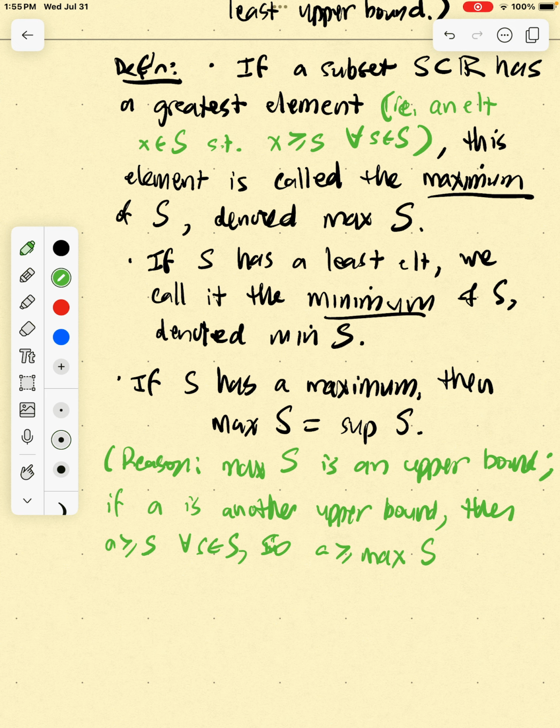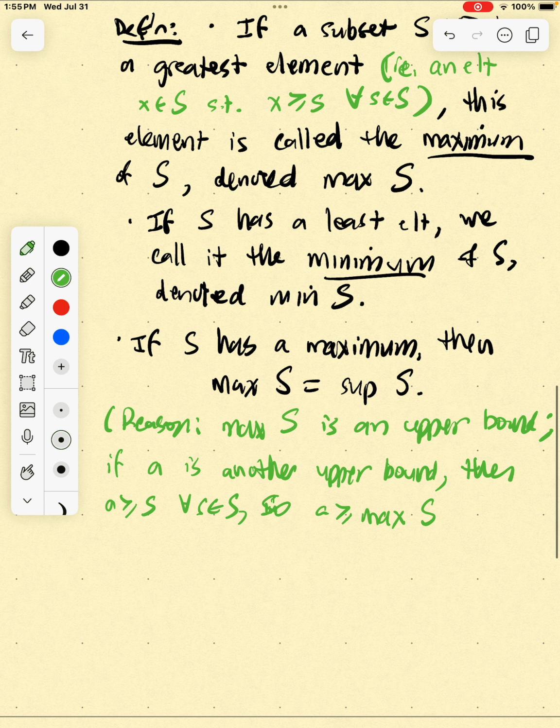Because the maximum of S is an element of S. But the inequality A is greater than or equal to the maximum of S tells you precisely that the maximum of S is less than any upper bound of S, which means that max S is the least upper bound. So that's the reason.